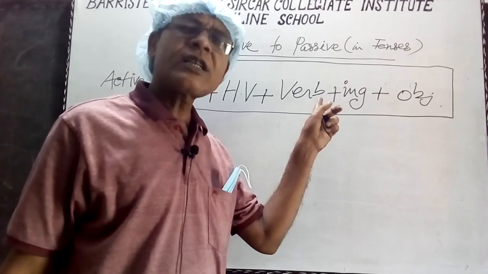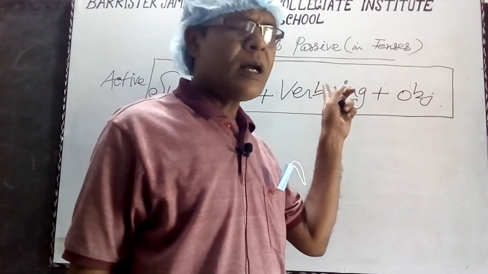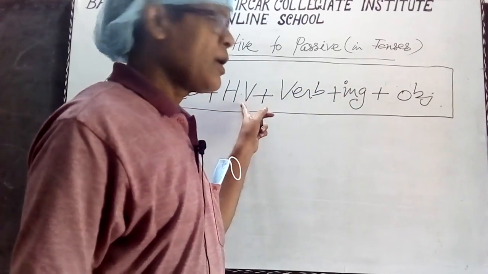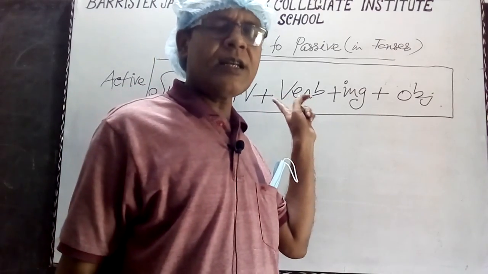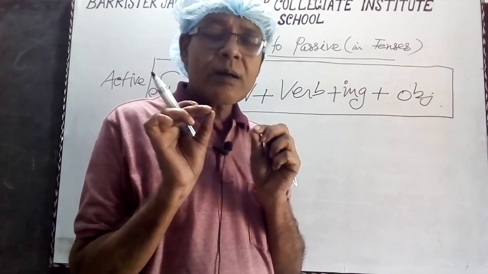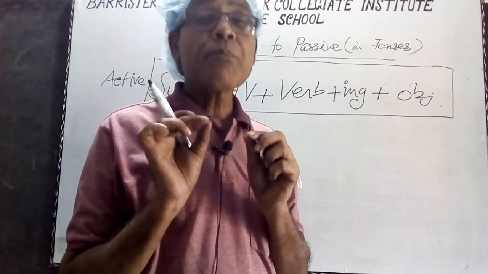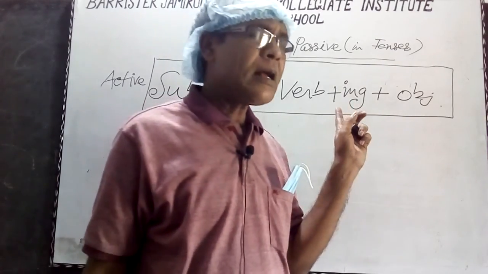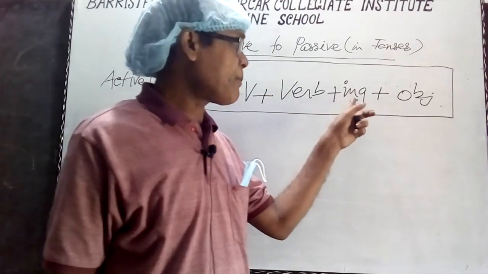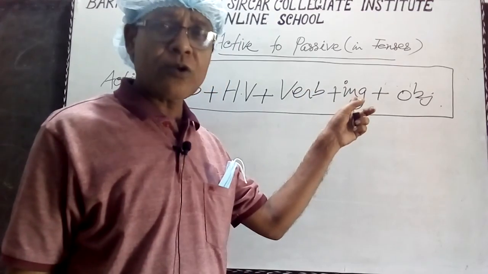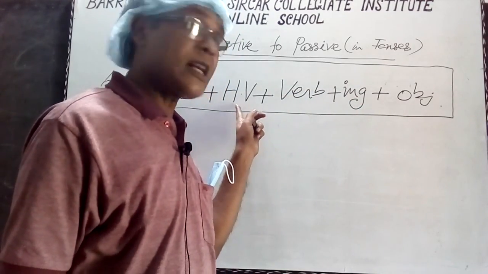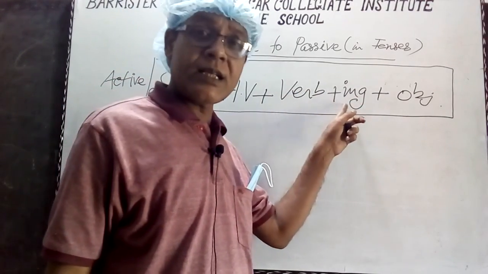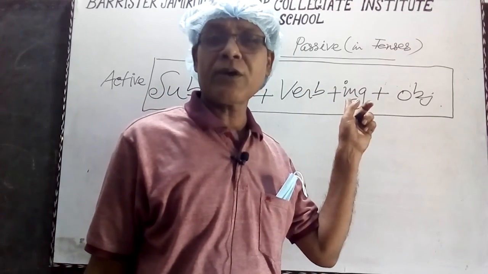And which kind of continuous form? We must recognize it according to the auxiliary verb, helping verb. If there is am, is, are and the verb takes ing, then it is present continuous. If there is have been, has been and verb takes ing, then it is present perfect continuous.